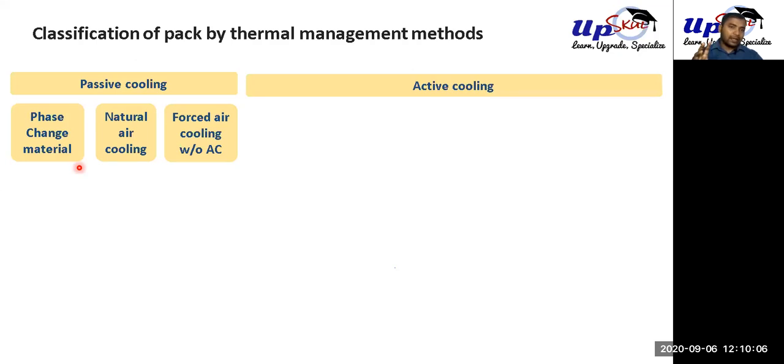Next one is natural air cooling. Natural air cooling is simply an air cooled battery. There is not even a fan. When you drive the car, air enters through some vents, and air exits on the other side, and your battery is cool. As you can note, there is no control on how much to cool or not.